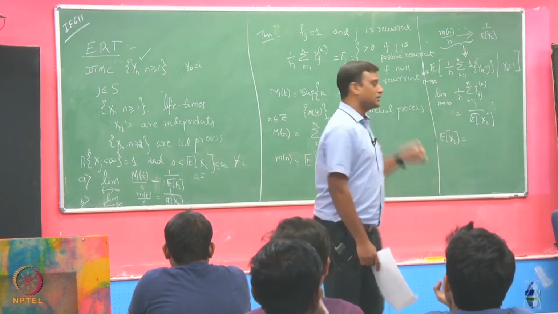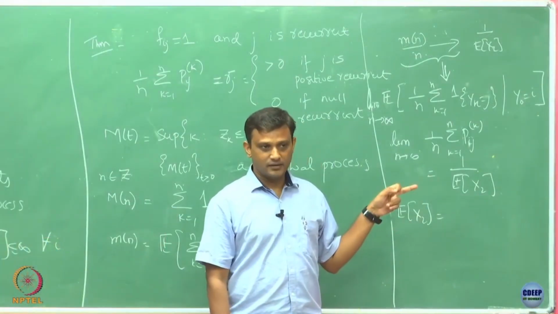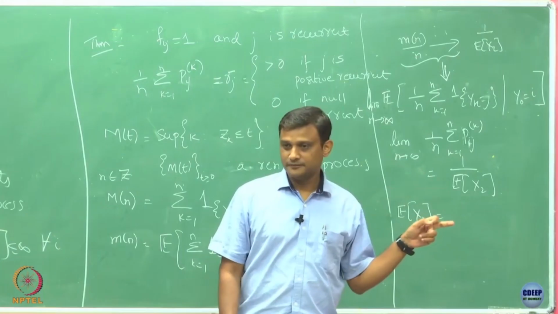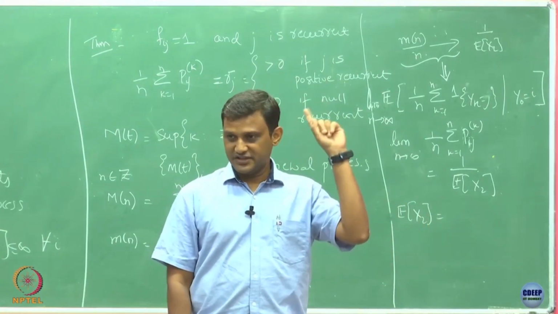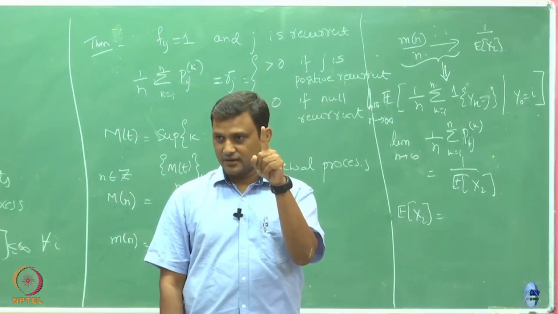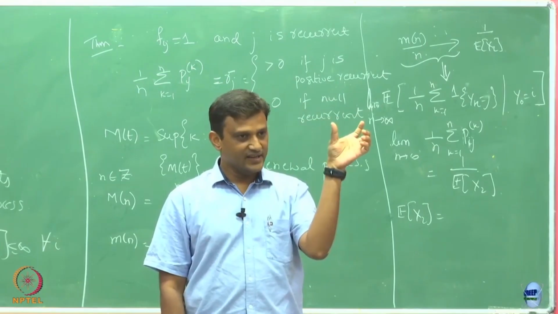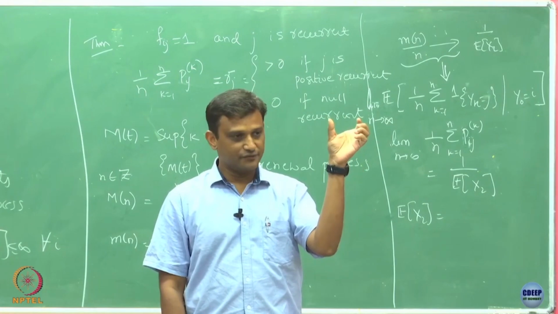What is the meaning of x2 equals n? That means my Markov chain returned to j again after exactly n rounds, not before that, right? We have used a notation for that.